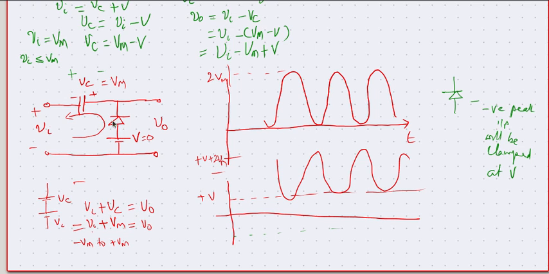So this circuit is used to elevate the waveform, and the earlier circuit was used to move the waveform downwards. So that's an important property of a clamping circuit.